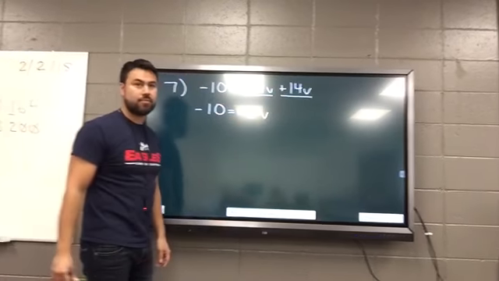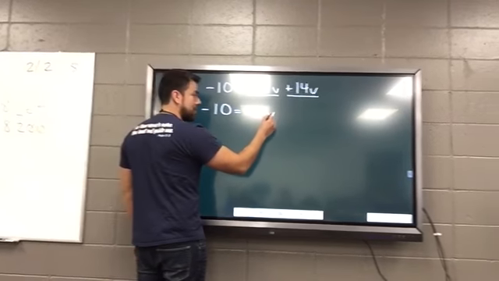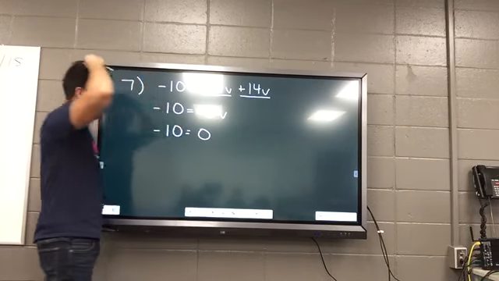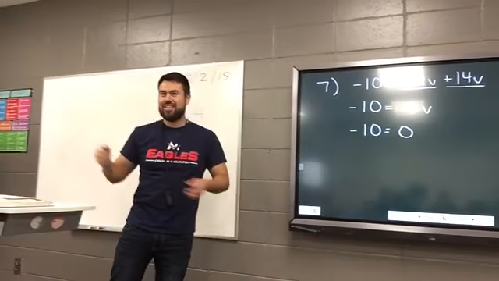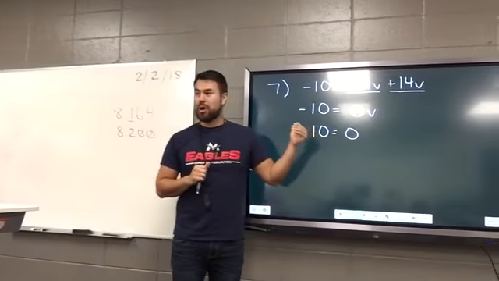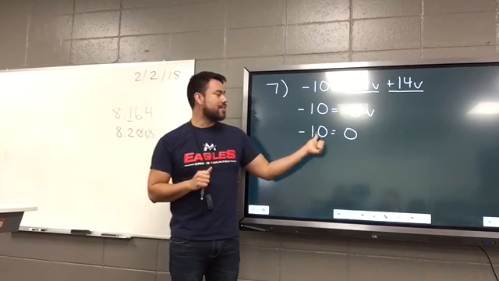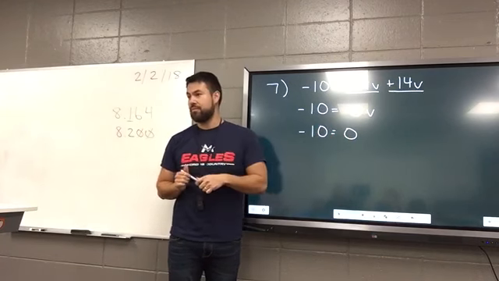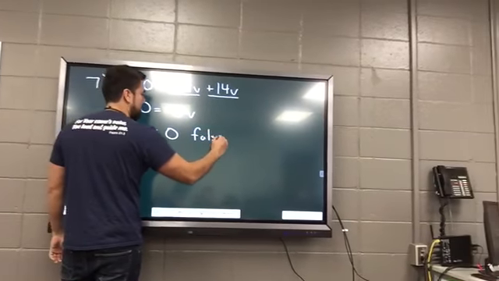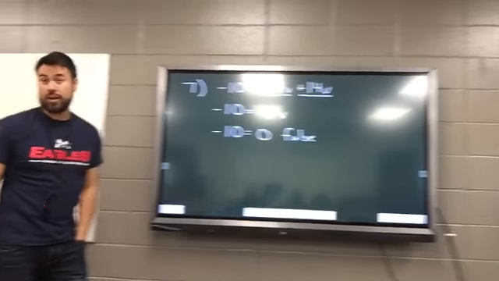Would you guys agree with that? Yes. But then what's 0 times anything? It's a 0 right here. So I have this. Where's my variable? Nowhere. Now, you're not done with this problem. Is -10 equal to 0? No. This is a false equation, right?